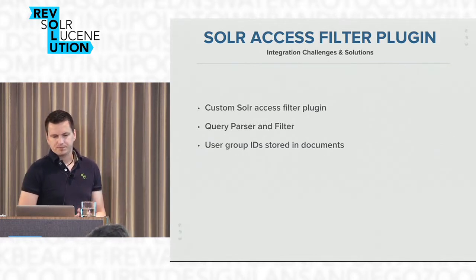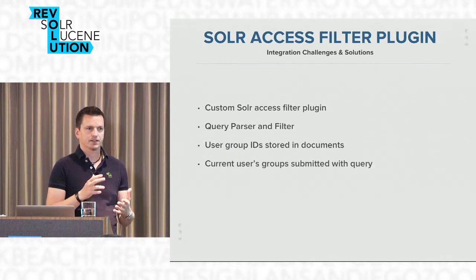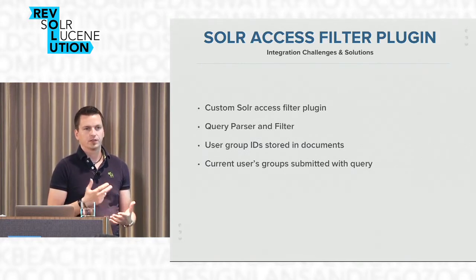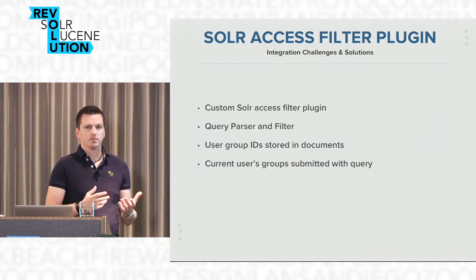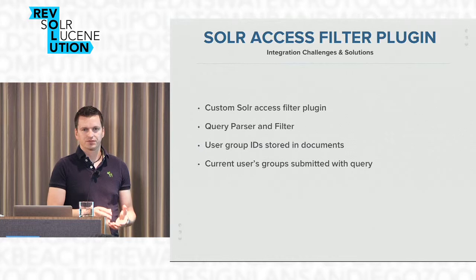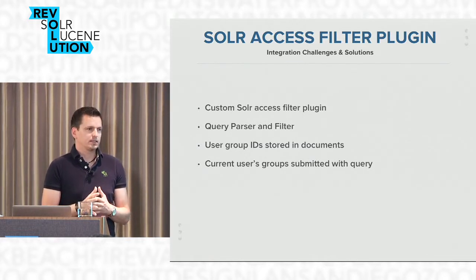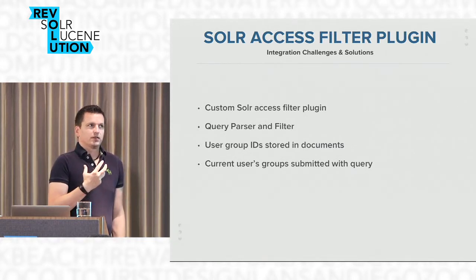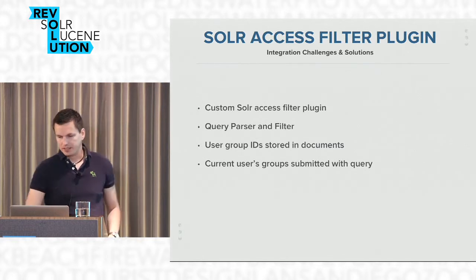And then when a user is conducting a search query, we know what user that is, obviously. Even if it's just an anonymous user that is not logged in, we just assume a user group ID of 0. And then we can submit all his user group IDs with the query, and then the plugin will do the matching.